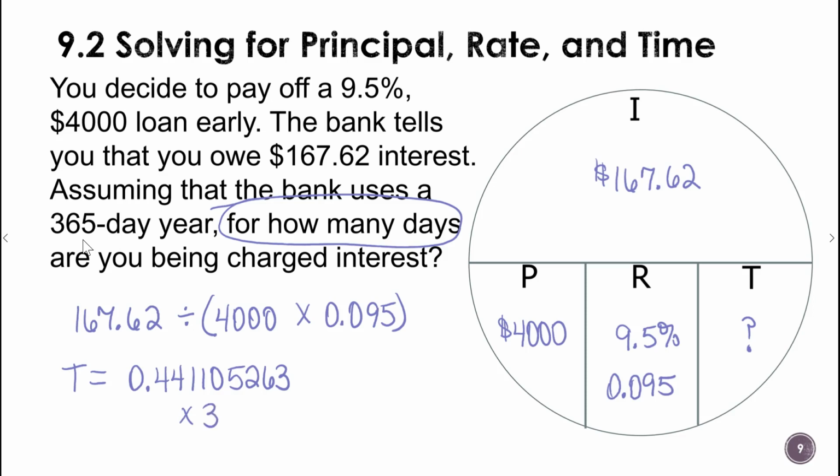So times 365, and that's about 161 days. When you're calculating time, there's always another calculation to do to figure out days or months, because this number is in years.